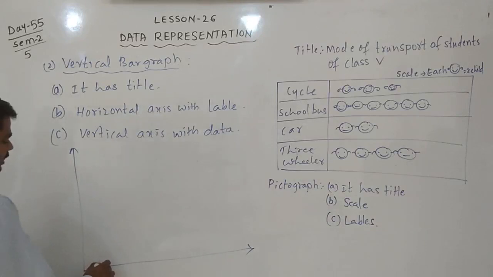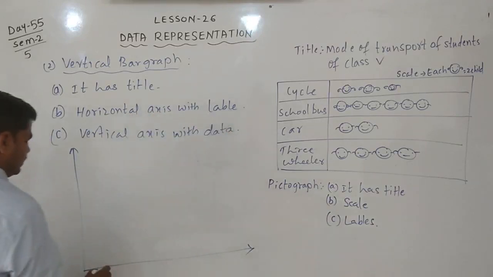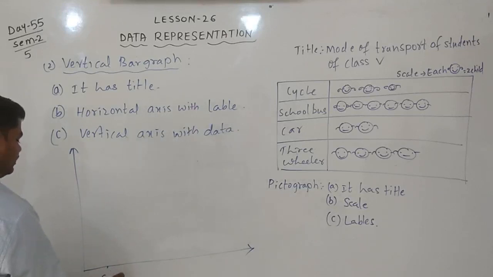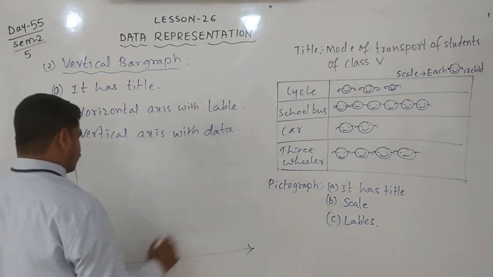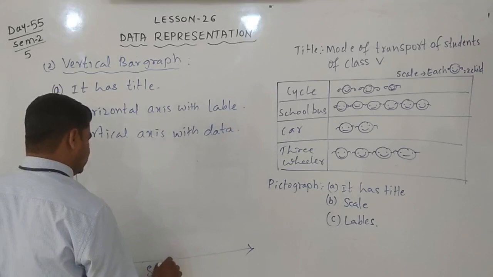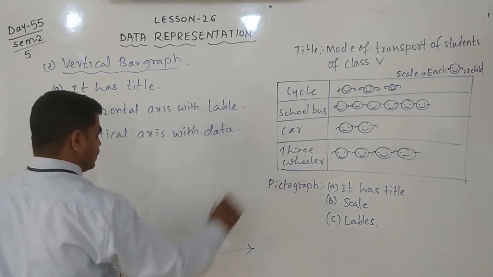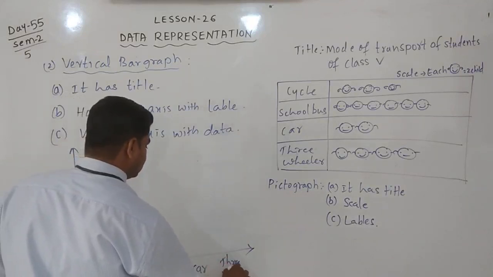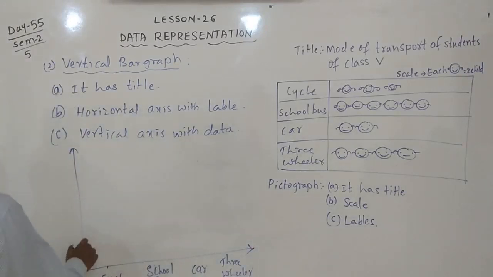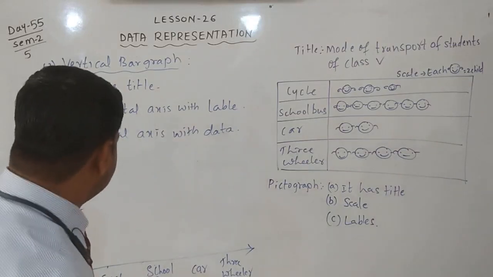Here on the horizontal axis we take the labels: by cycle, next mode of transport, school bus, by car, and by three-wheeler. Here the numbers of data are 2, 4, 6, 8, 10, 12. Then by using the scale we can draw the bars.